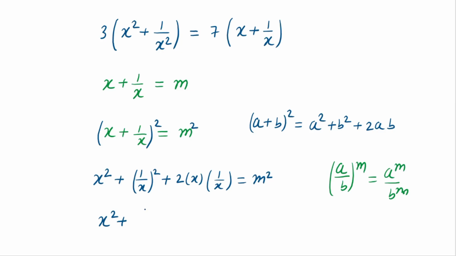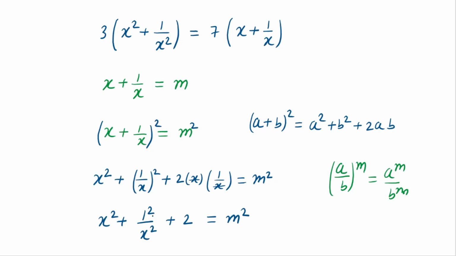So this expression is the same as 1^2 over x^2 plus, this x and this x cancel out, then 2 times 1 is 2, and this is equal to m^2. In the left hand side, 1 squared is 1.